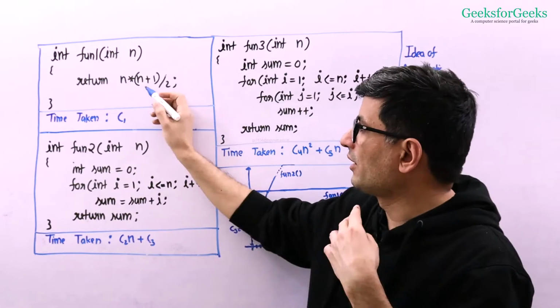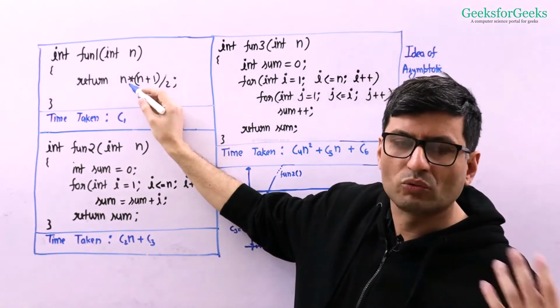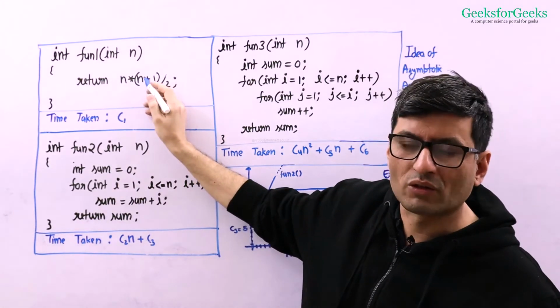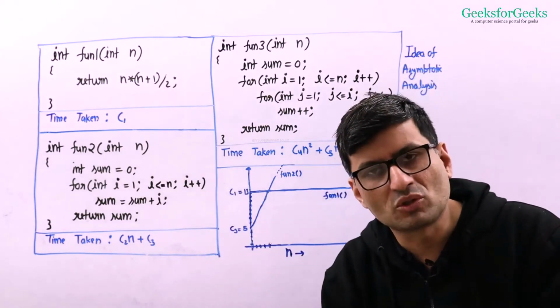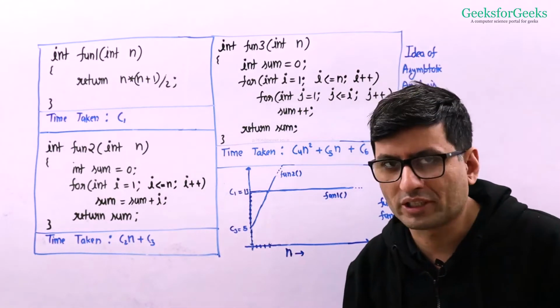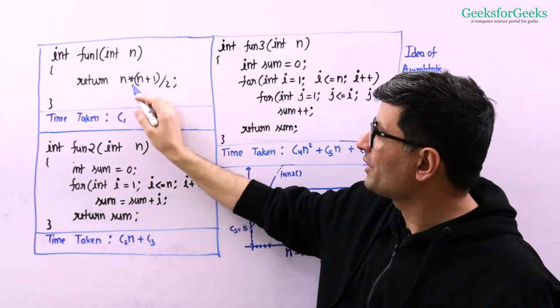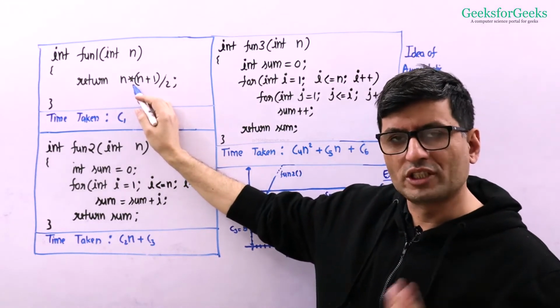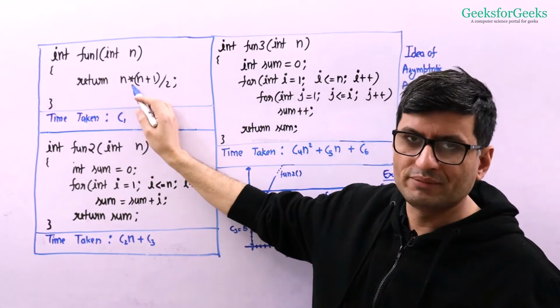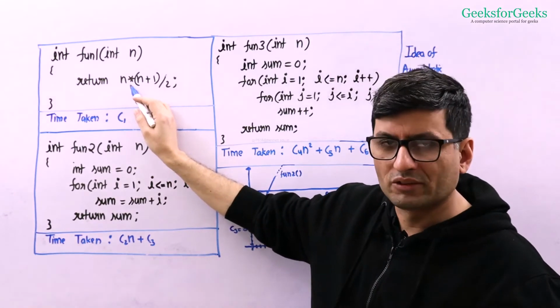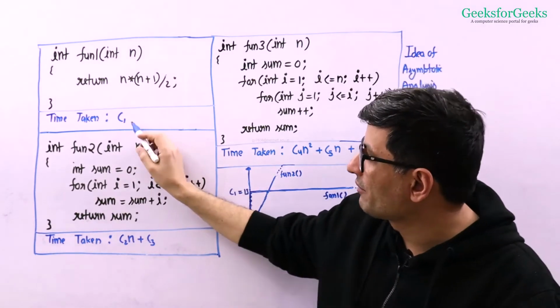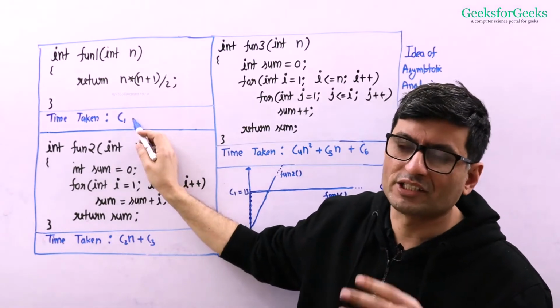Whether you add 1 million to 1 million or you add 10 to 1 or 5 to 1, they are assumed to be taking the same time in asymptotic analysis. So we are doing 3 operations, and all these take constant time irrespective of input value. That is why we have written the time taken as C1 here.